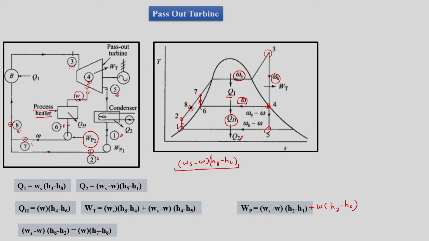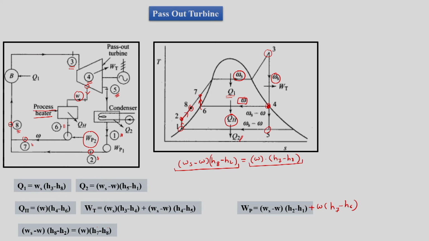So, this is the rise in enthalpy of the water moving from here to here, but this enthalpy rise is due to the enthalpy loss of W amount of water coming from H7 to H8.